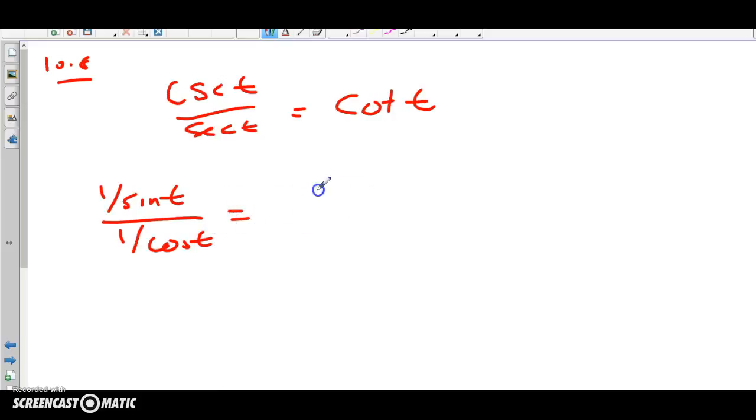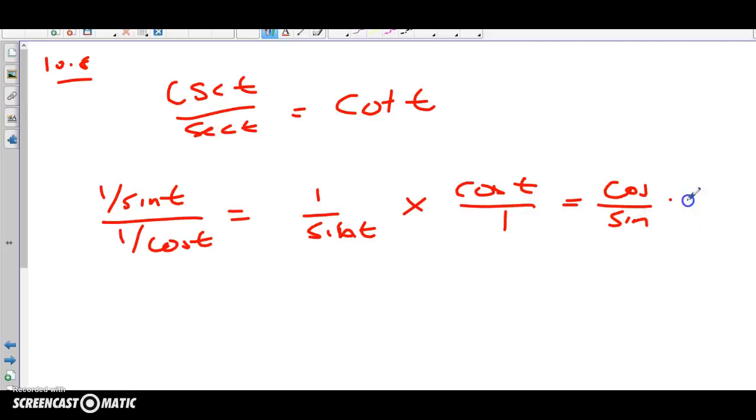The bottom of the bottom goes to the top, so that's cos t over 1. When you divide by 1 over cos, it's the same as multiplying by cos over 1, and that's cos over sine, which is 1 over tan, right? Because remember that sine over cos is tan. So it's 1 over tan, the reciprocal, which is cot t. Okay? And I should have put t's everywhere.